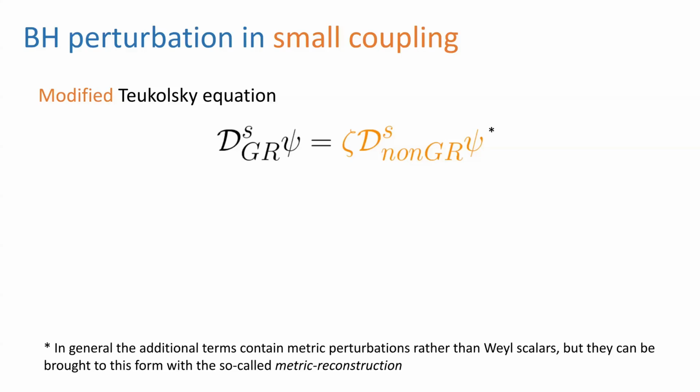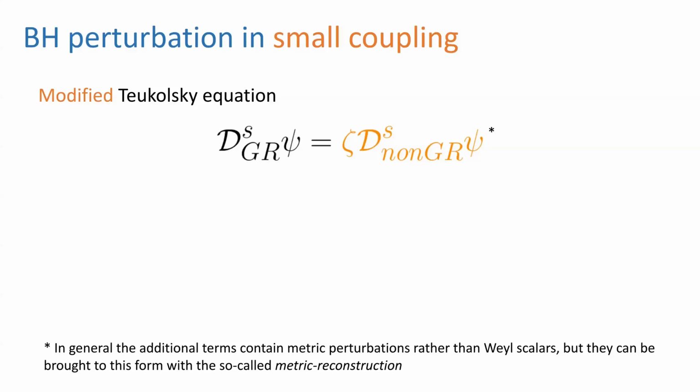But then there is the so-called metric reconstruction, which can bring you the perturbations of the metric into perturbations of the scalars, which are the actual functions that the Teukolsky operator is working on. So in the end, you will have an equation that is just applied to the scalars.